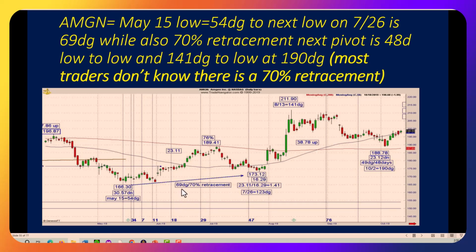Why is that important? Because it's a 70% retracement. So the distance in the orbit of the Earth, which I already explained to you, is matching the retracement value.